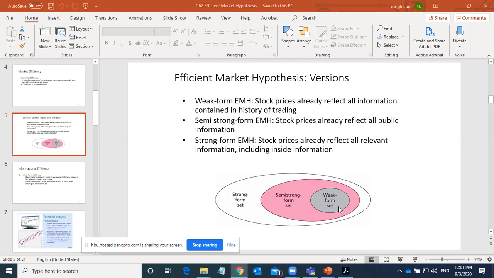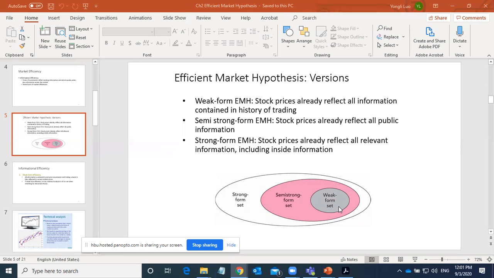Semi-strong form market efficiency is that stock price already reflects all public information. All public information, including the financial statements. Every firm has to publicly release their financial statements, mergers and acquisition information, changes in management, project investments. All that information is already reflected in the stock price.